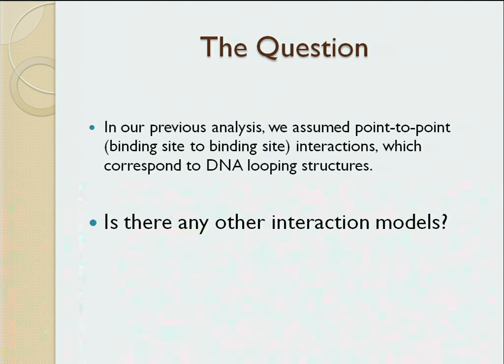In our previous analysis, we considered point interactions, which means binding site to binding site interactions that mediate some DNA looping structure. The question is, are there any other interaction models which are different from point interaction? I have not answered this question, but we have some ideas, and I would like to share them with you.